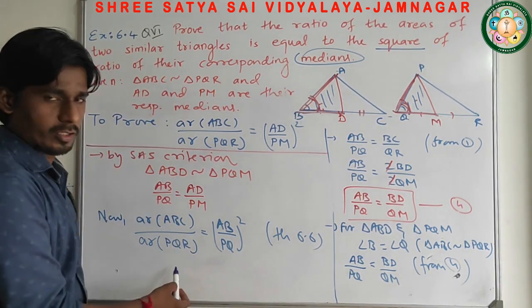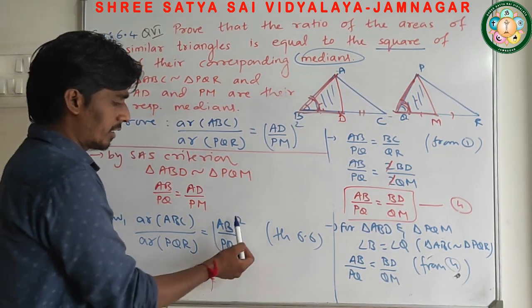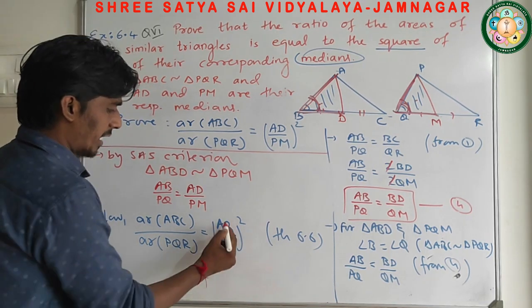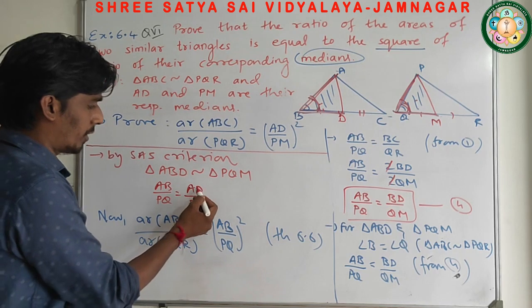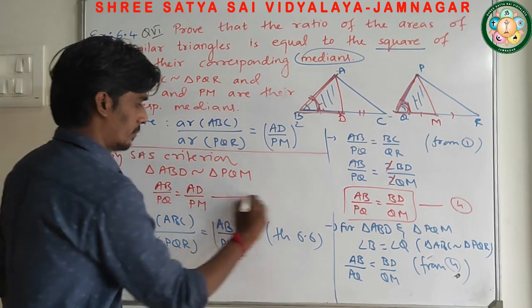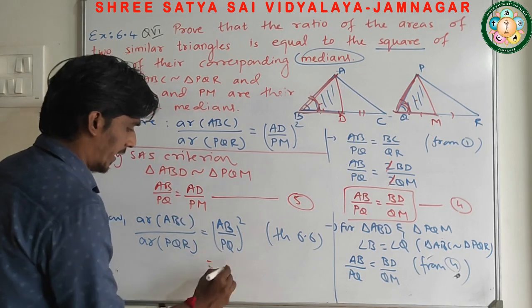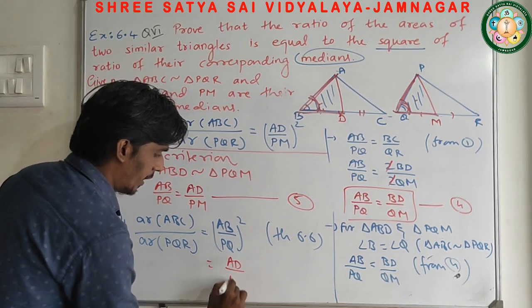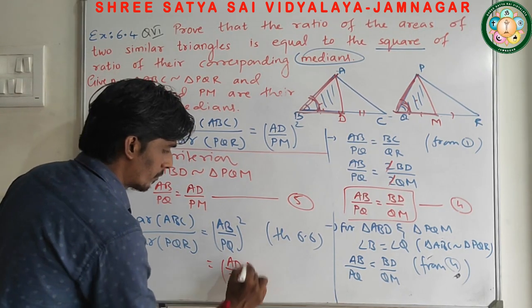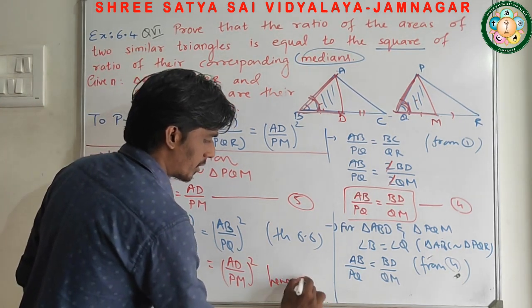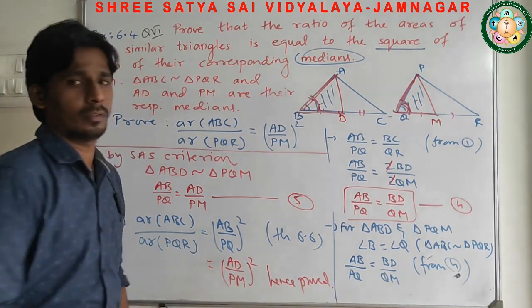Ratio of the areas of similar triangle is equal to the square of the corresponding side. Now what is AB upon PQ? AB upon PQ is what? AD upon PM. Now instead of AB upon PQ, we are going to write AD upon PM whole square, and this is what we are supposed to hence prove.